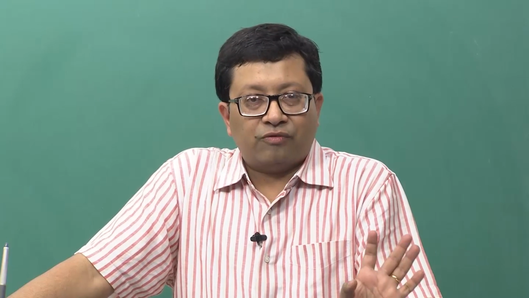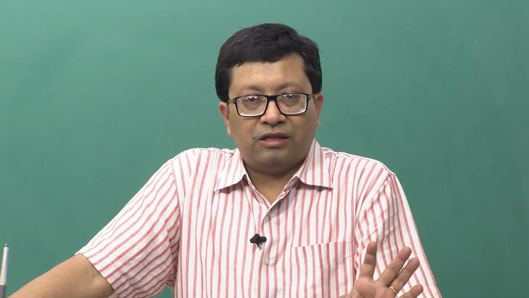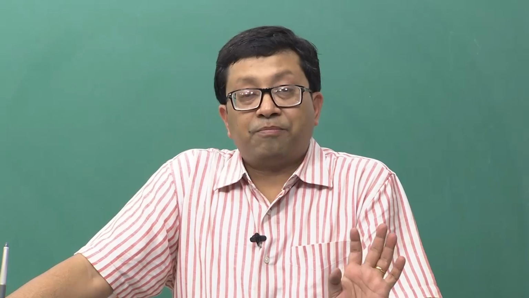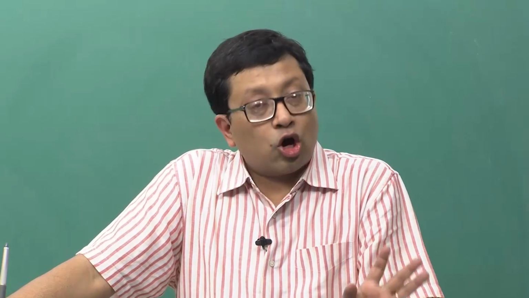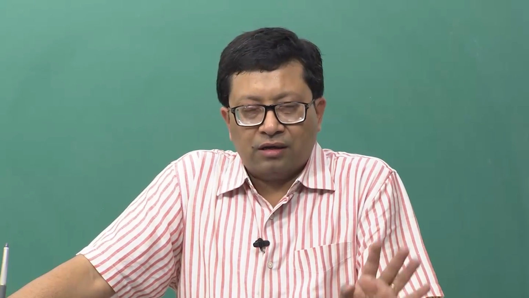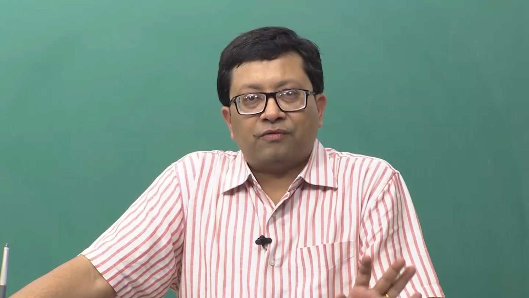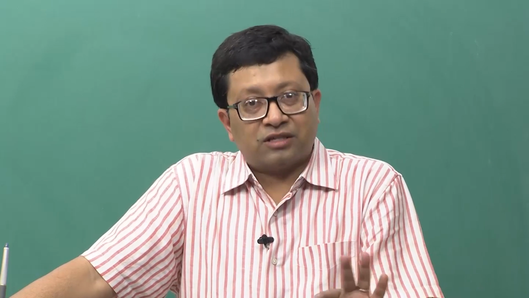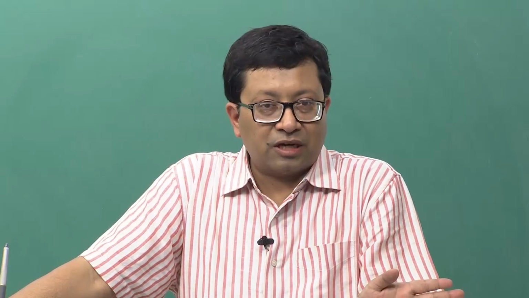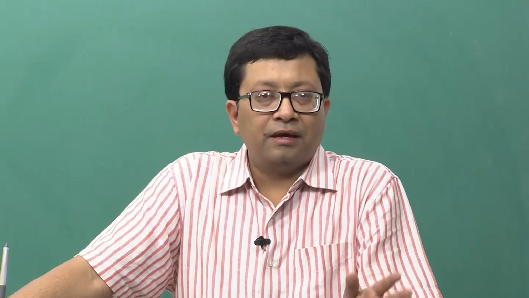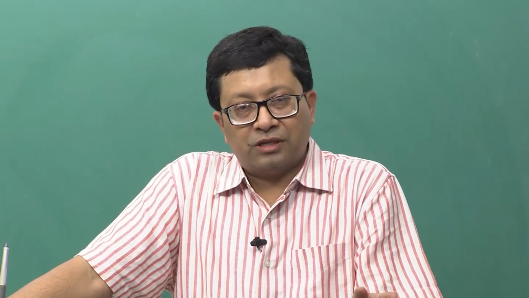Now, remember what I told repeatedly in the last class: p is the probability of a success or a failure, whichever you look at. q is the probability of the failure or the success, because if p is success then q would be the failure, and if p is the failure q would be the success.